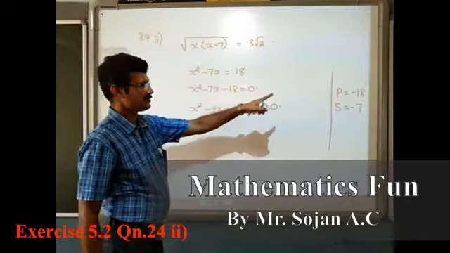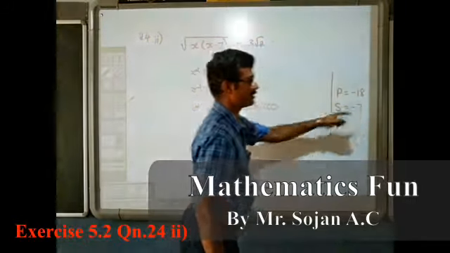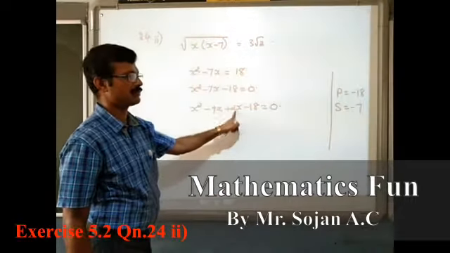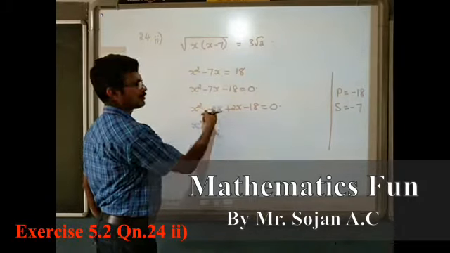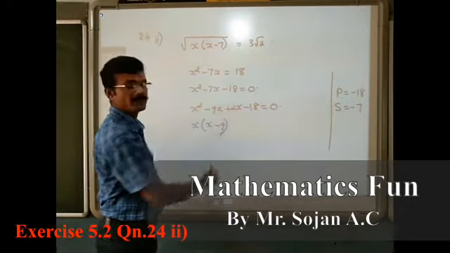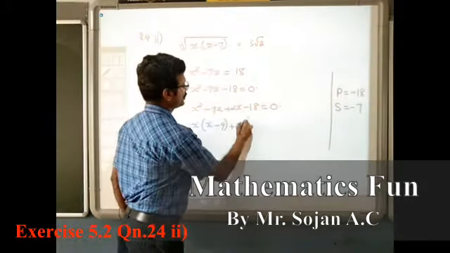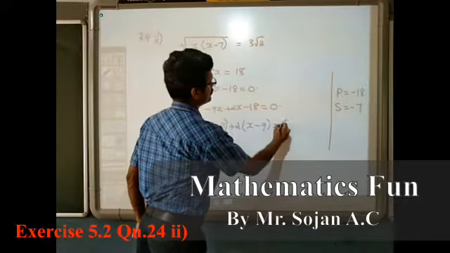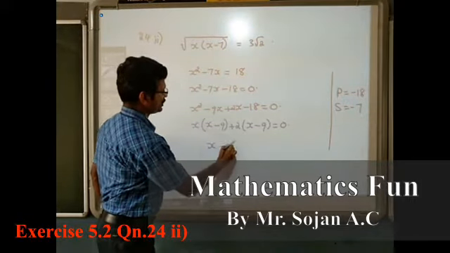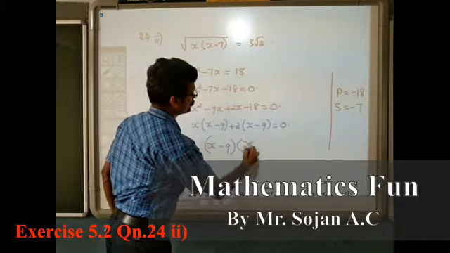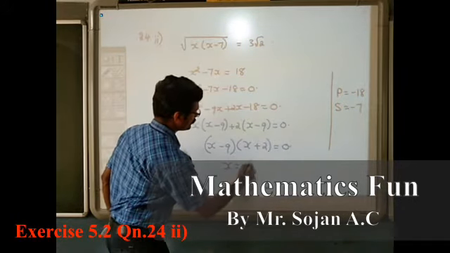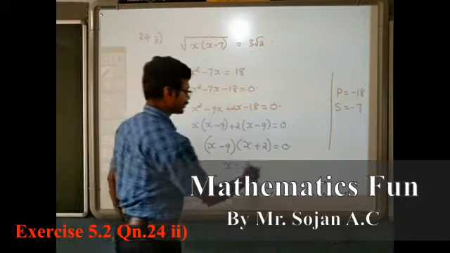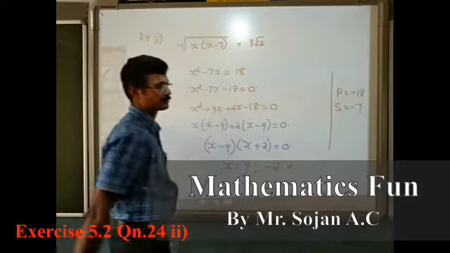Now, factorization: x I am taking common, x minus 9; here 2 is common, x minus 9 is equal to 0. x minus 9 into x plus 2 is equal to 0. So I am getting the values of x by the zero product rule: 9 comma minus 2.